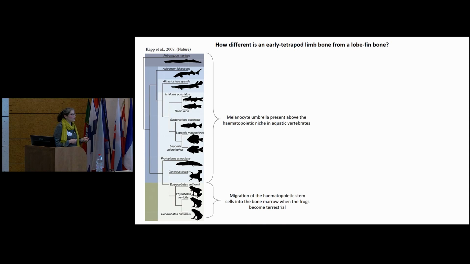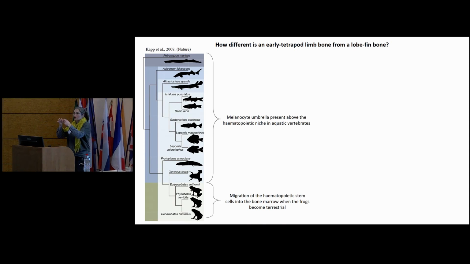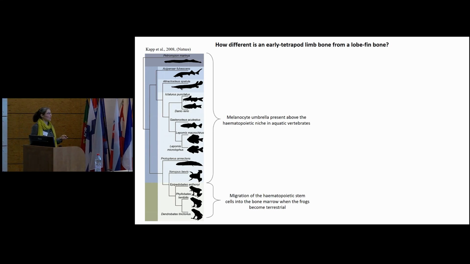And they found out that the melanocytes, these dark cells which protect the skin, were forming a cover present on top of the places where you had the production of blood cells, the hematopoietic niches.